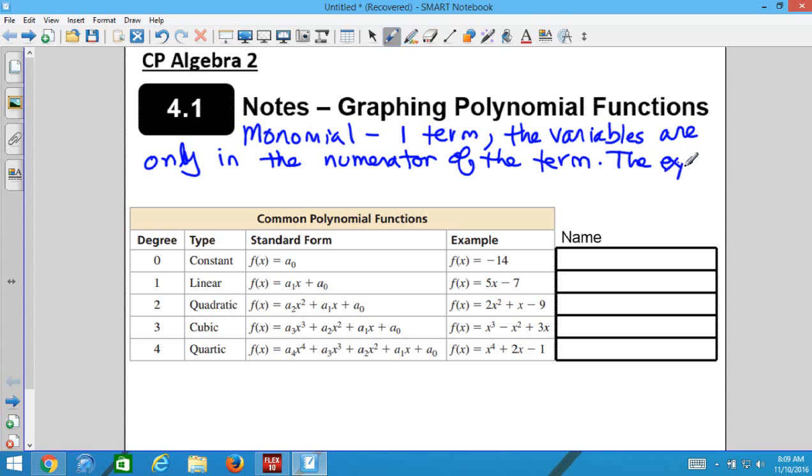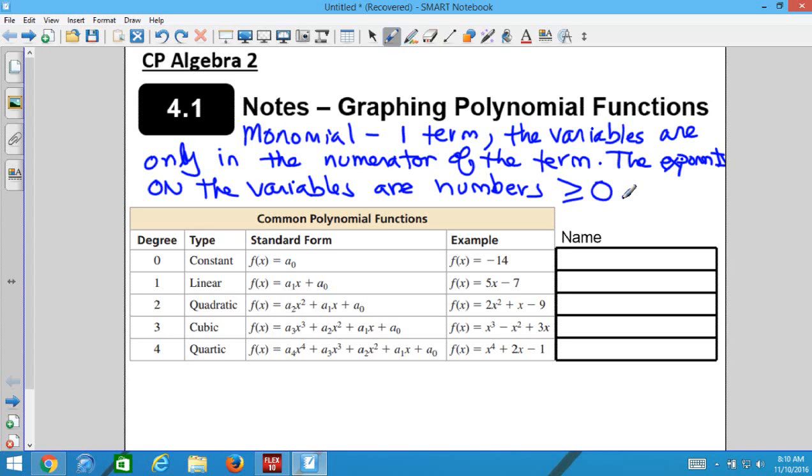The exponents on the variables are numbers greater than or equal to 0.